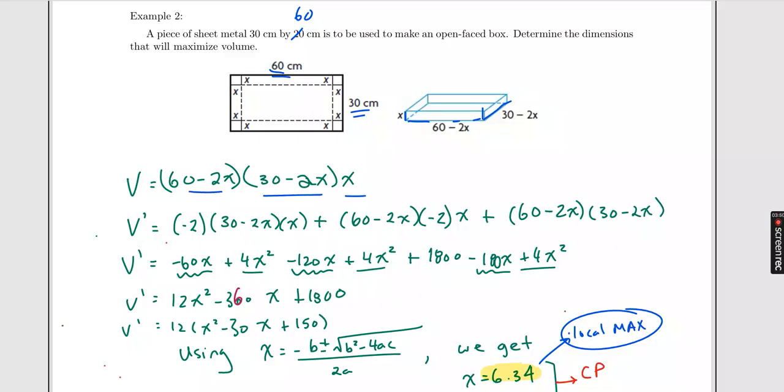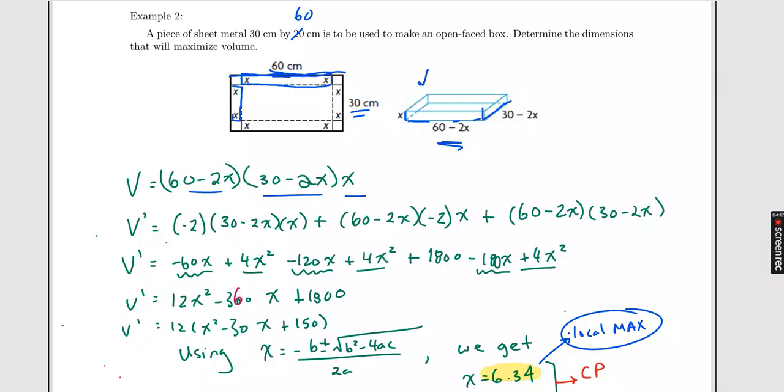Now where did these numbers even come from? Where did 60 minus 2x come from? You've got a piece of sheet metal, so this whole thing is 60. Now, if you were to fold that up, pretend this flap is folded up, and this flap was folded up to create a box like this.